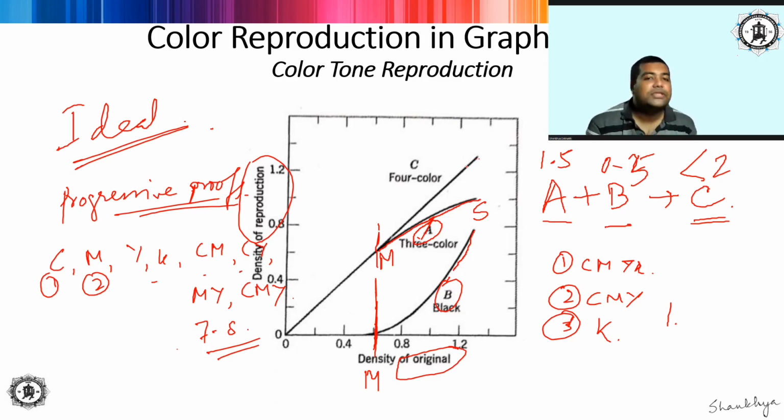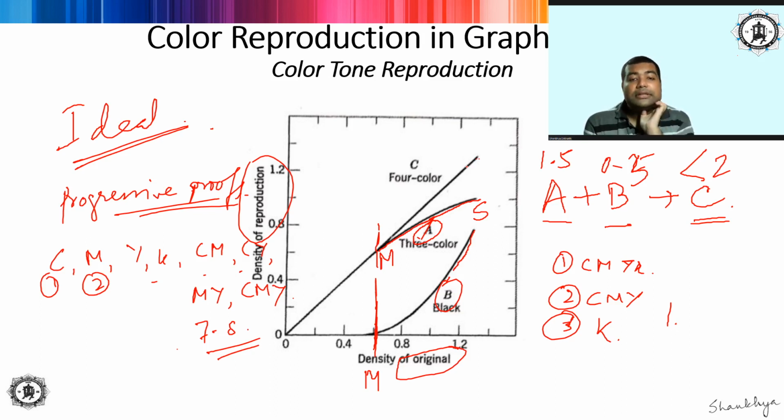So because of these problems, you can understand why no matter how much black we add, if we combine the three color densities with the black density, it will never be equal to the four color density as per our expectation. That means your ideal four color behavior. It will never be the same. Okay, this is one thing.